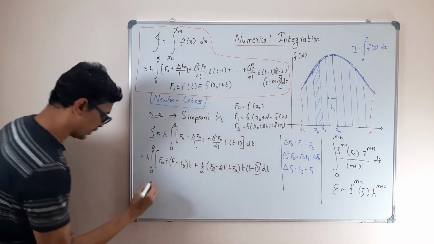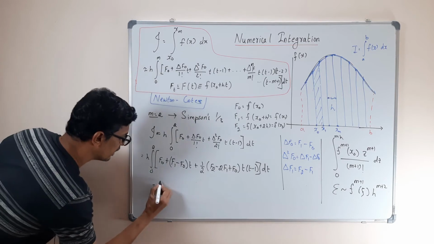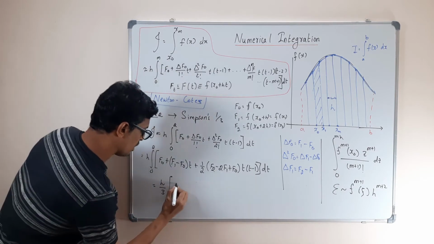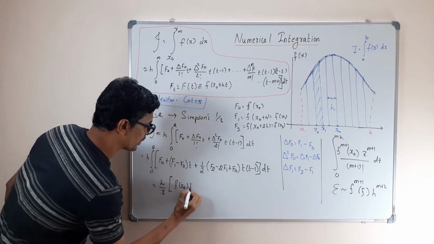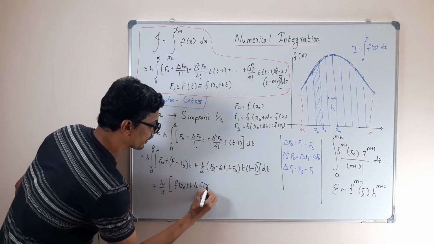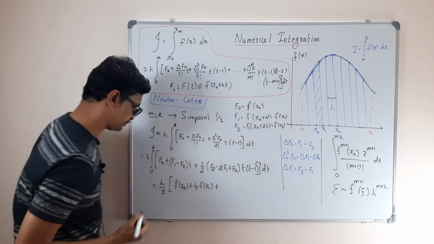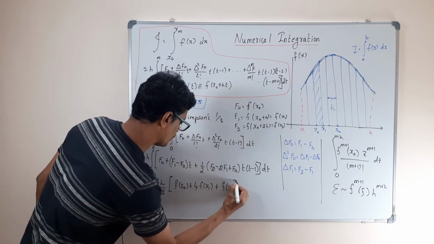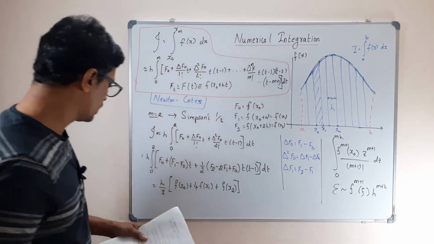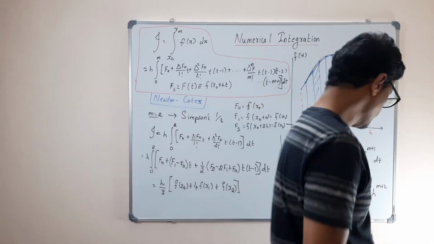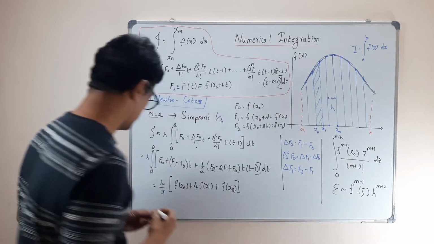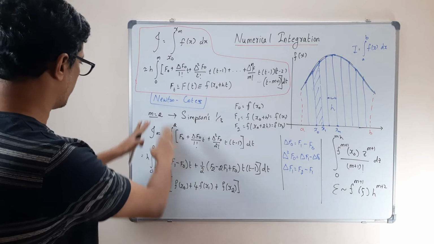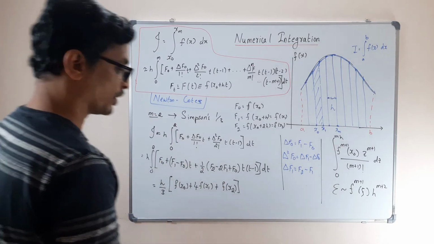Therefore, what you finally get for the integration is h by 3 times f of x0 plus 4 times f of x1 plus f of x2. So this is what we call Simpson's one-third formula. So this is when m equal to 2.